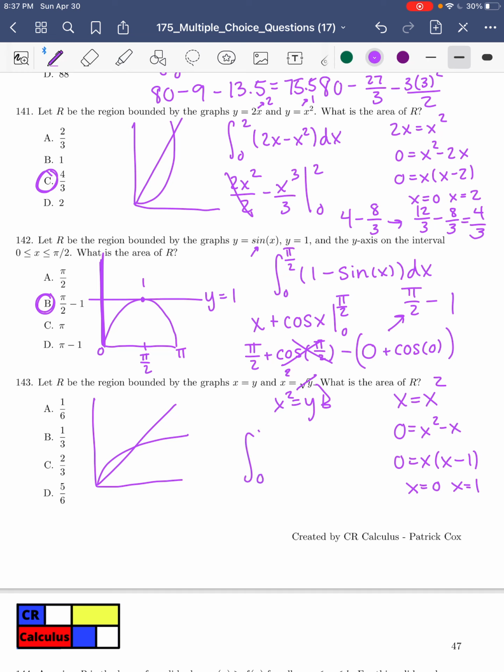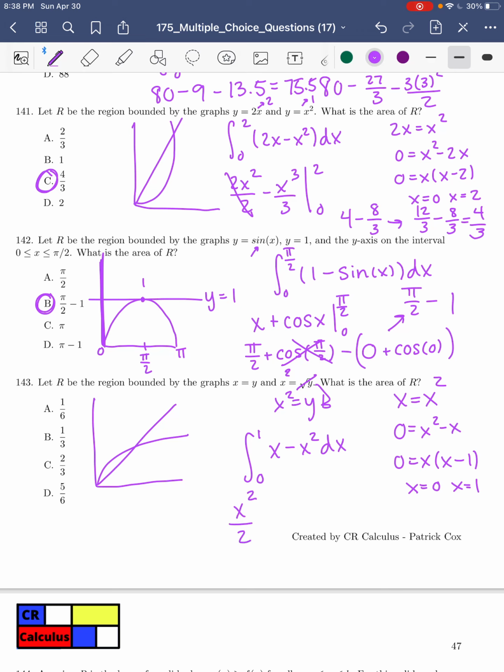So now my integral from 0 to 1, and then top minus bottom. So if I plugged in 1/2 here, this one would be a half. This one, if I plugged in 1/2, would be a fourth. So really, we should have x minus x squared dx.